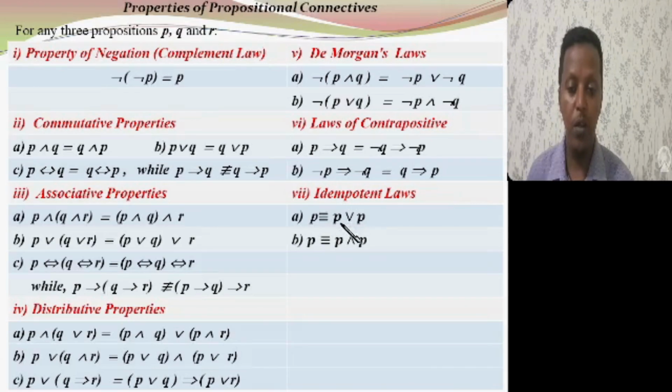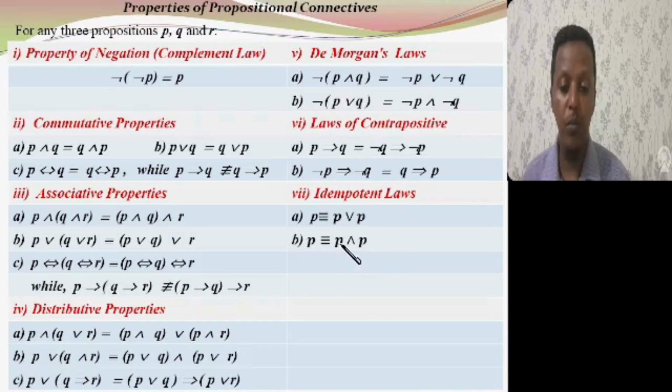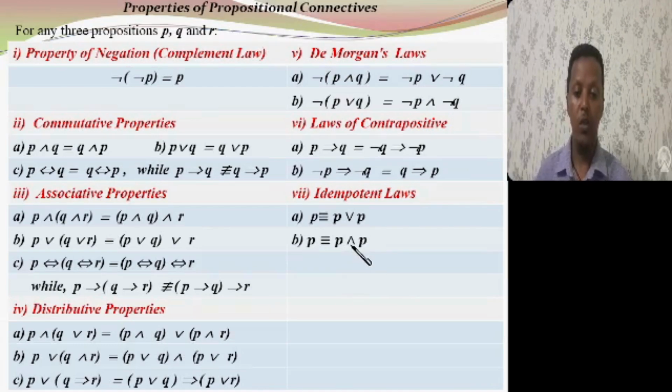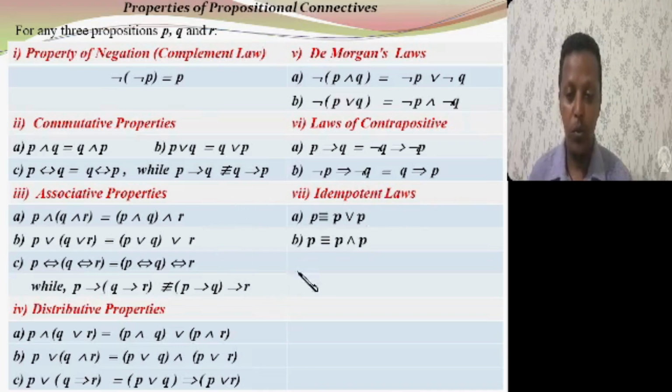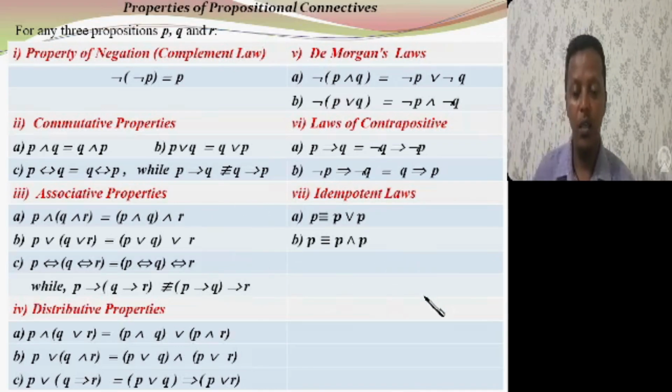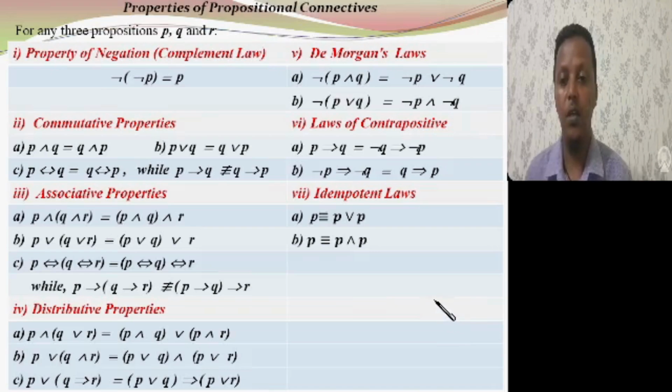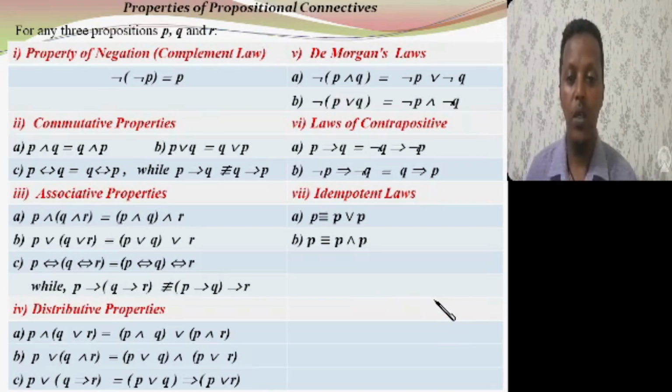So P is equivalent to P or P. Again, P is equivalent to P and P, because if P is true, true and true is true. If P is false, false and false is what? False. So P is equivalent to what? P and P.